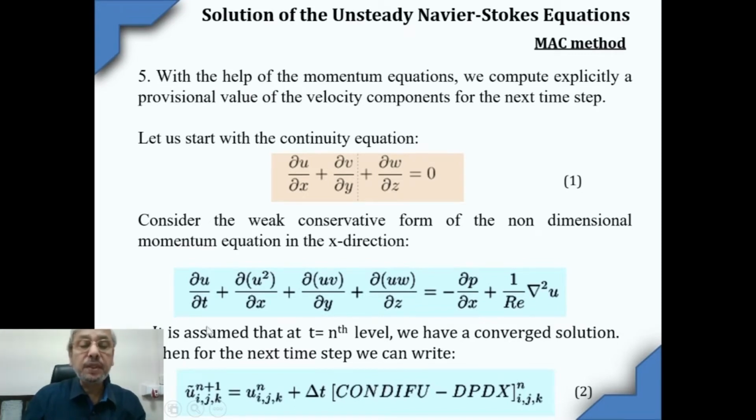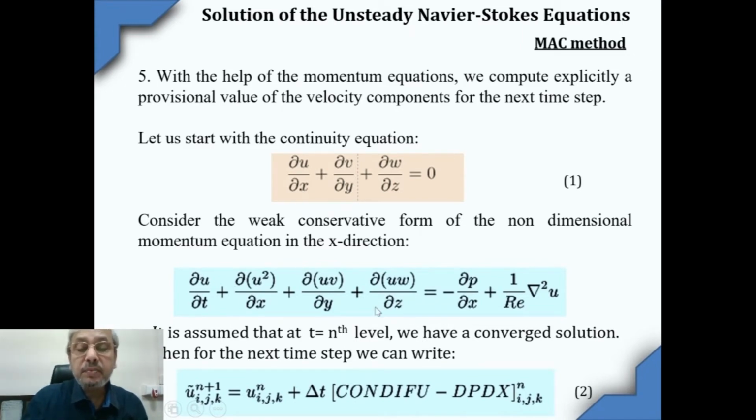we have just numerically transferred those values. Del u del t means u at n plus 1 minus u at n by delta t. So u at n plus 1 then will be u at n plus delta t. If we transfer all these components to the other side, delta t multiplied by all these terms.